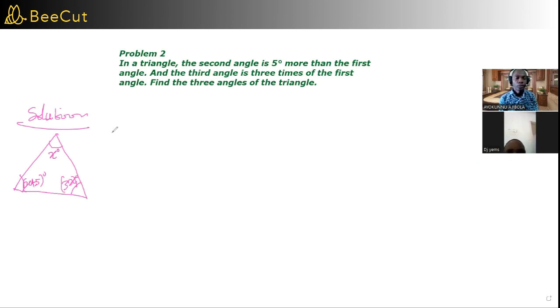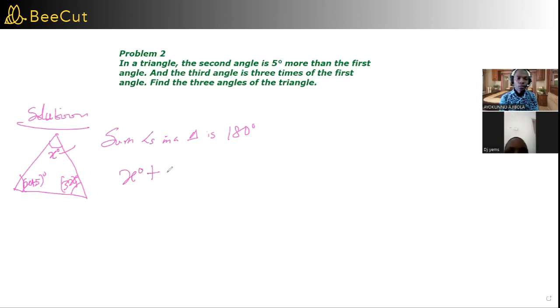And you know from your basic level that the sum of angles in a triangle is 180 degrees. So with this, I can add all these 3 angles to give me 180. So what's the first angle? x degrees.